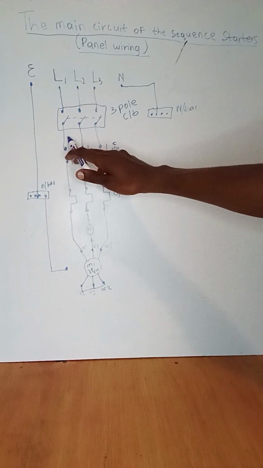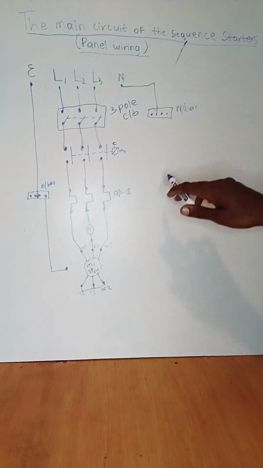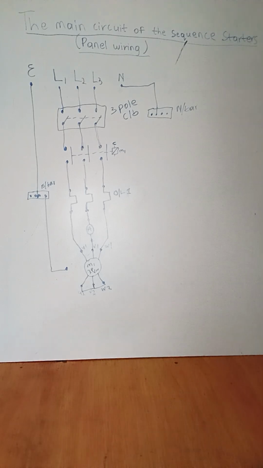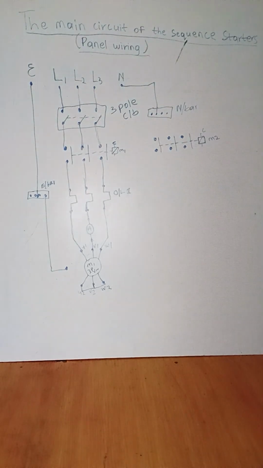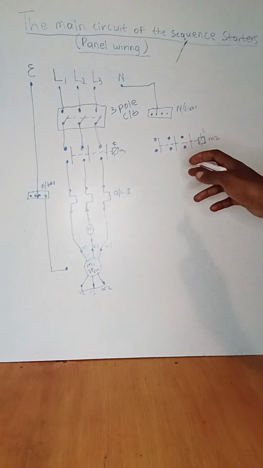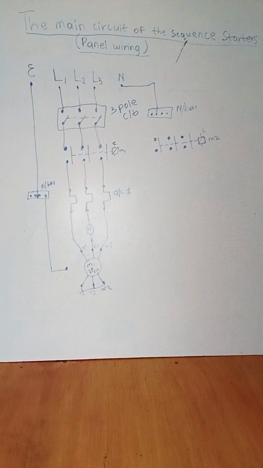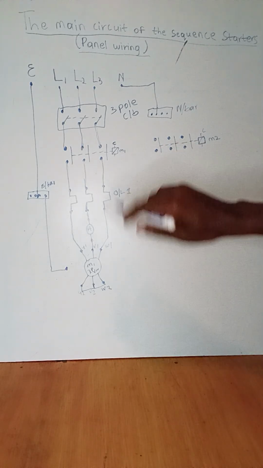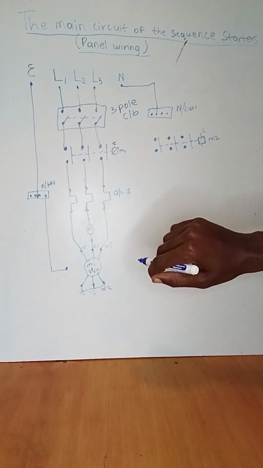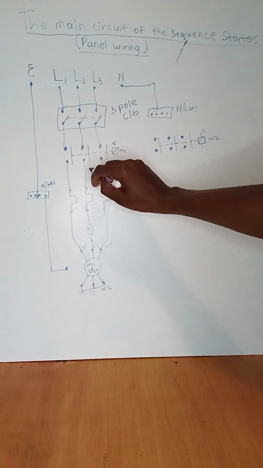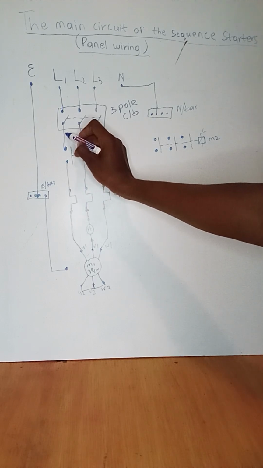I'll just take my life 1, life 2, and life 3 and supply my contactor of motor 2. Right, here we drew the symbol of contactor of motor 2. So we will supply it with our supply voltage, which will be looped under the triple circuit breaker.